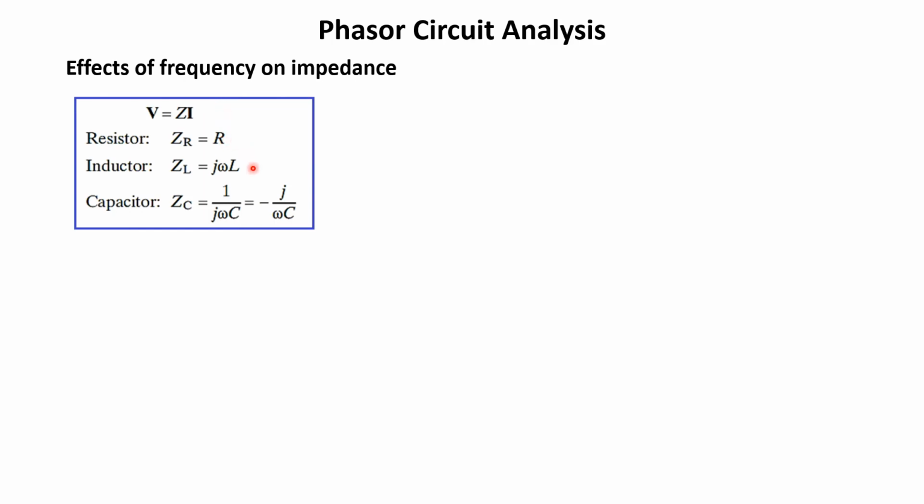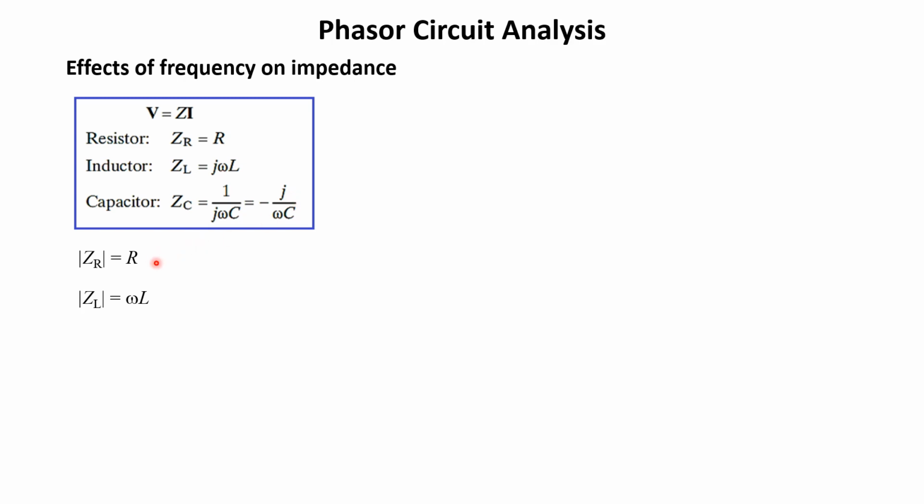However, for j omega L, the inductor ZL is directly proportional to the frequency, and capacitance ZC is inversely proportional to the frequency. For resistance, it has magnitude R and angle 0. What is the magnitude for the inductance? Omega L, and due to j the angle is plus 90 degrees. For the capacitance, the magnitude is 1 over omega C, and due to minus j, the angle is minus 90 degrees.